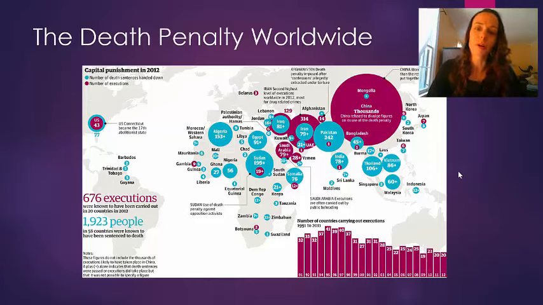But for the most part, when we're talking about the wealthiest and most powerful nations in the world, we have nations that do not use the death penalty, except for the United States. So the United States is unusual in that we're the only highly developed nation in the world that still uses the death penalty.